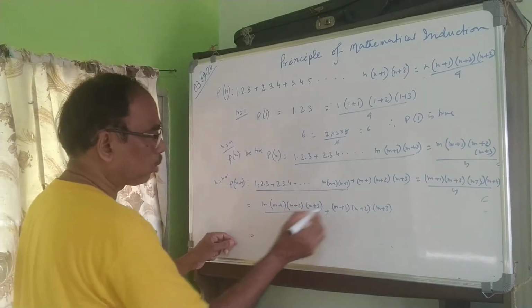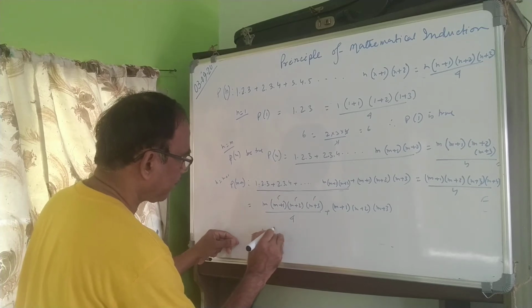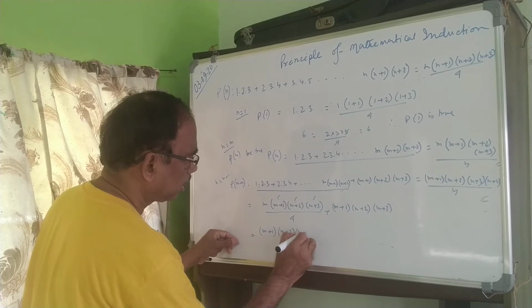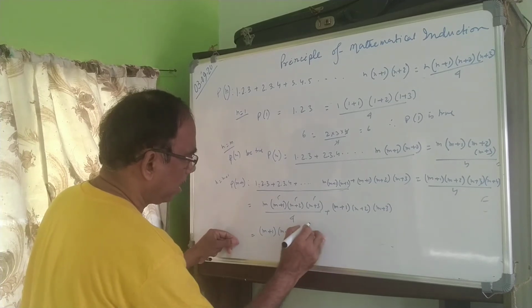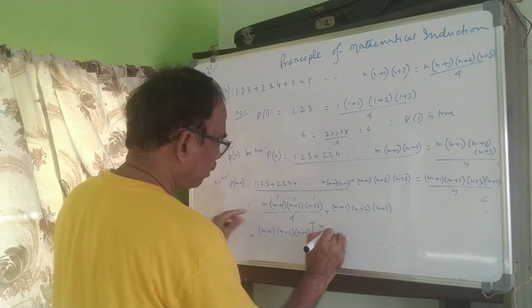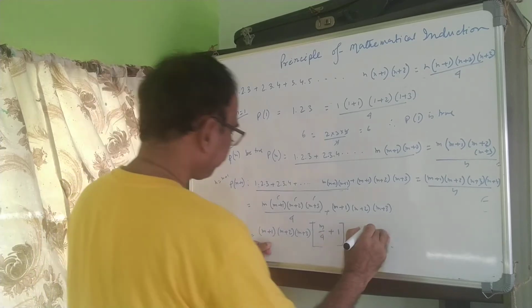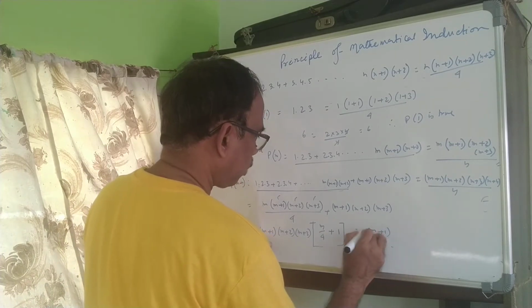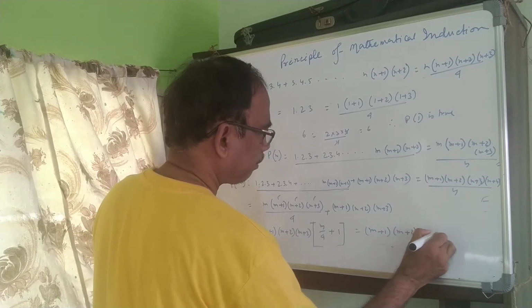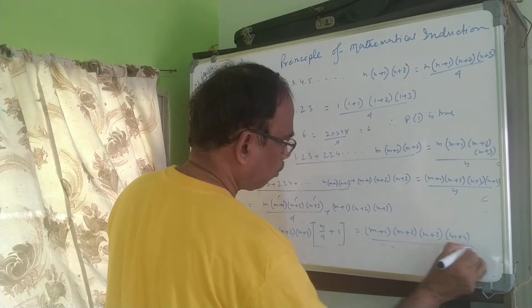Taking common, this is common, that is m plus 1, m plus 2, m plus 3 common, m by 4 plus 1 equals m plus 1, m plus 2, m plus 3, m plus 4 over 4.